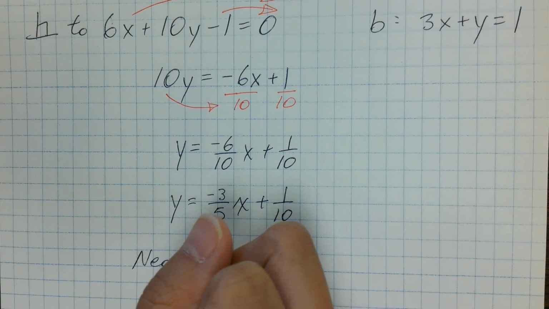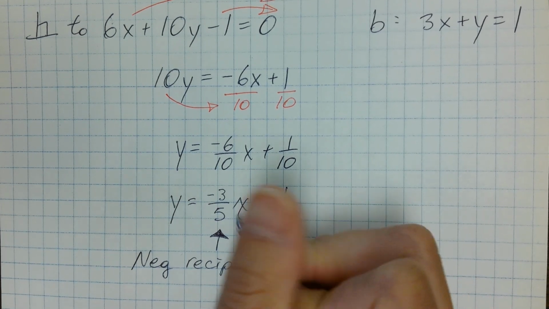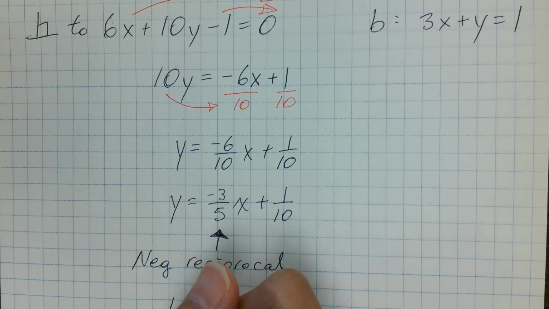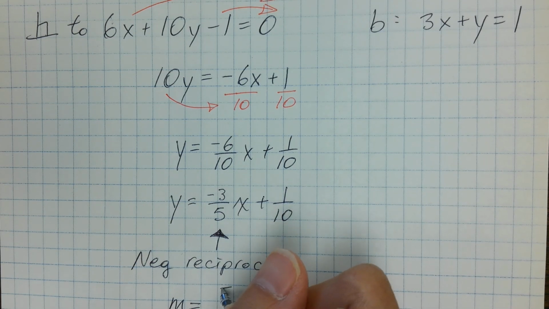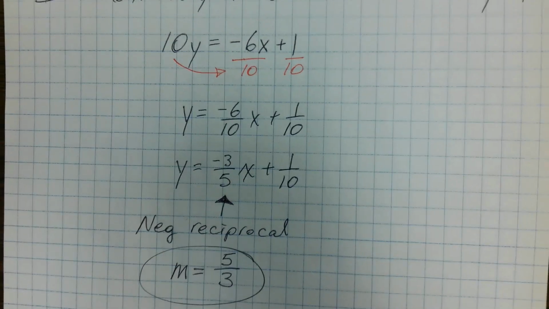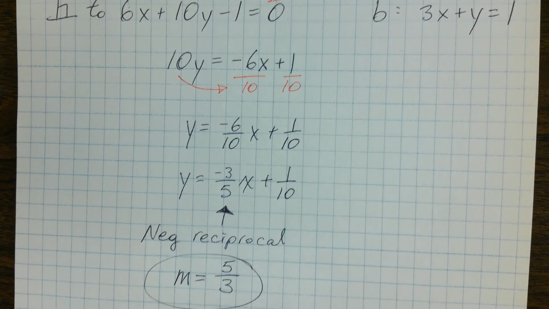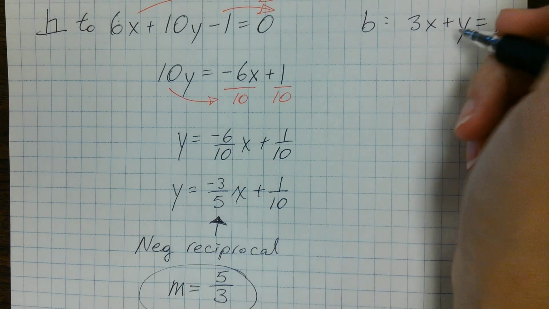Negative reciprocal. So instead of negative 3 over 5, my slope is going to be positive 5 over 3. Good job. So we got the first part done. We found out what m is. Now to find out what b is.